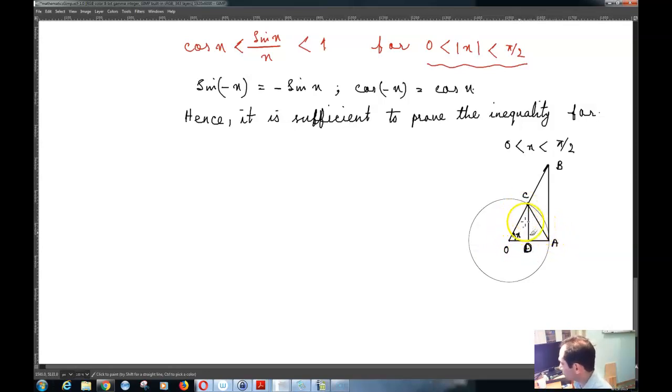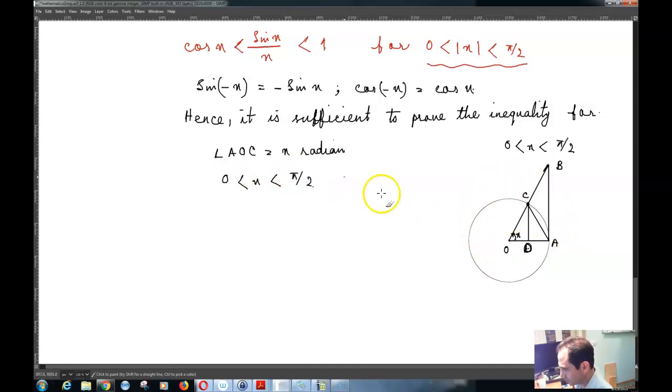So in this figure, O is the center of the unit circle, such that the angle AOC is X radians, and X is greater than 0 and less than pi by 2.